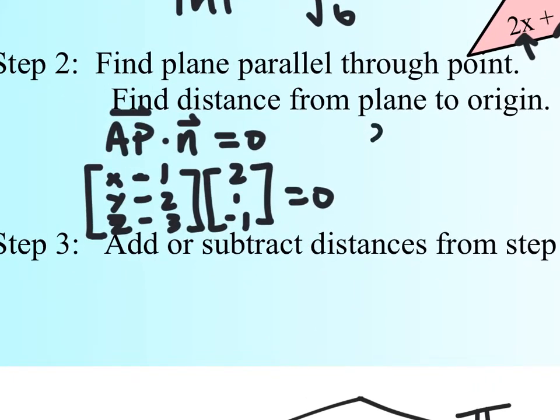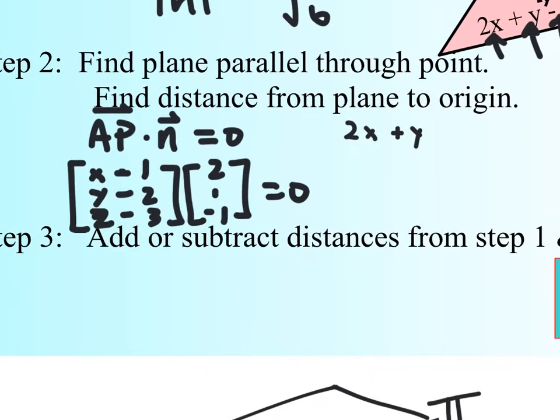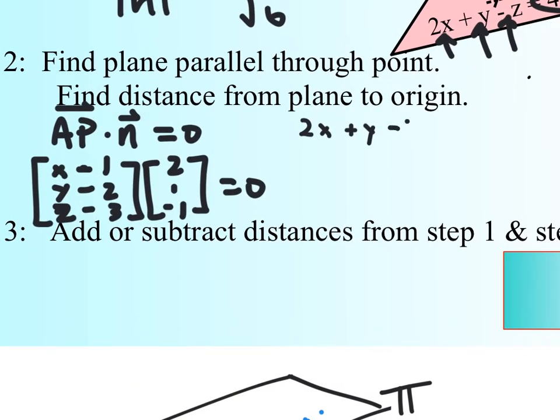That means I get 2x plus y minus z. I'm going to go back and do the constants. Minus 2 plus 3 equals 0. So that gives me 2x plus y minus z minus 1 equals 0, so equals 1.